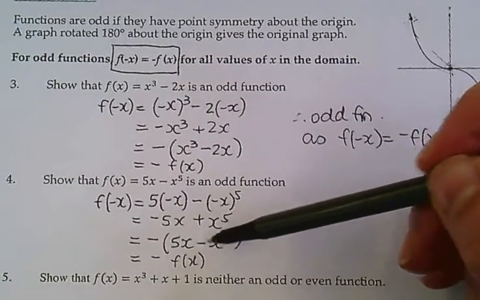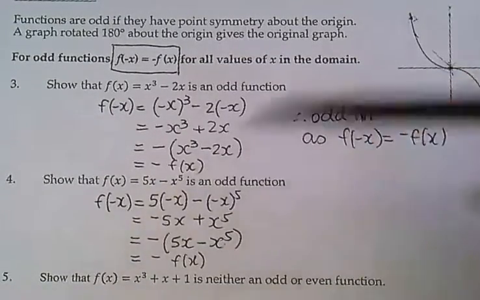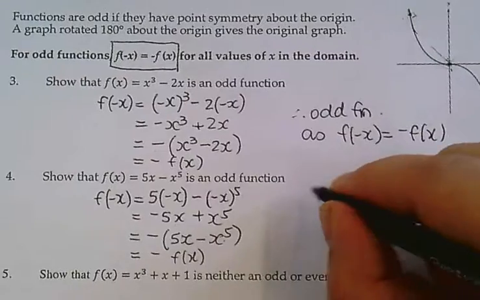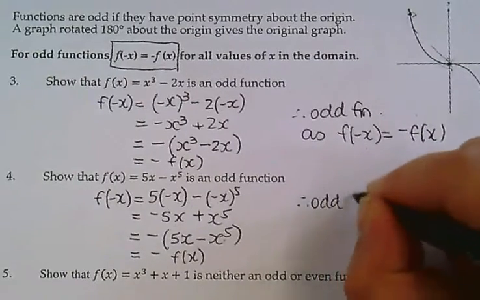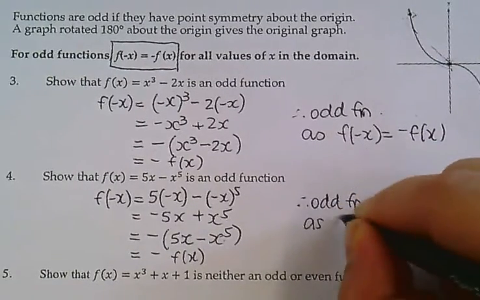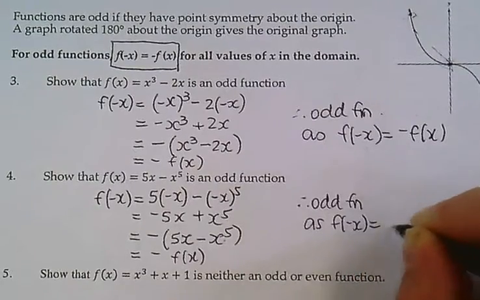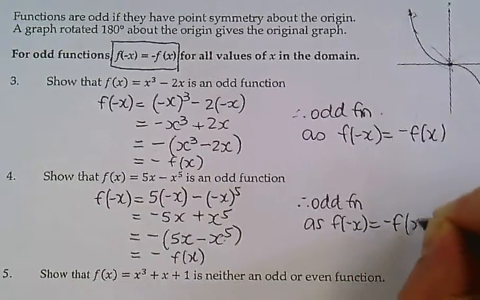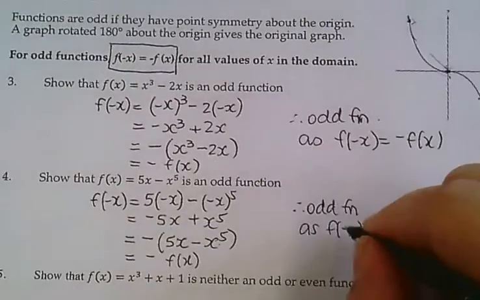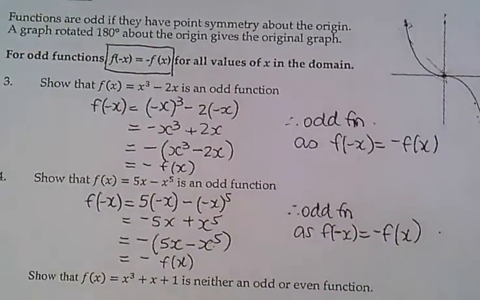Because what's in the bracket here on that second last line is the function of x. So therefore, again, this is an odd function, as the function of negative x equals negative function of x.